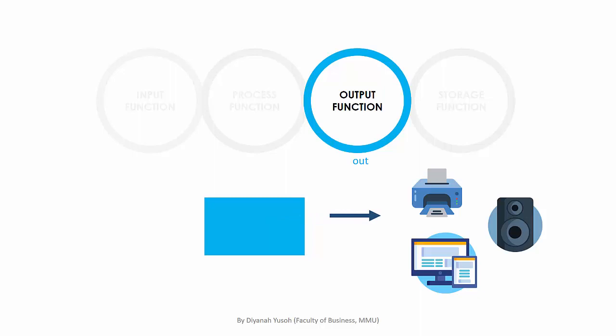Or perhaps you want to watch a movie, then you might want a screen, either a computer screen, tablet screen, laptop screen, or your mobile phone screen. Or perhaps you want to listen to music, or the lesson that I'm giving now, so you might need a headphone or a speaker. So these are among the devices for the output. We call these output devices.